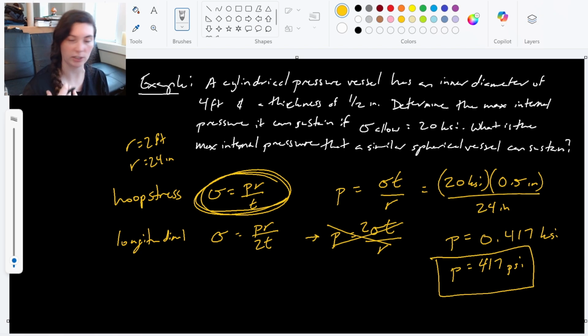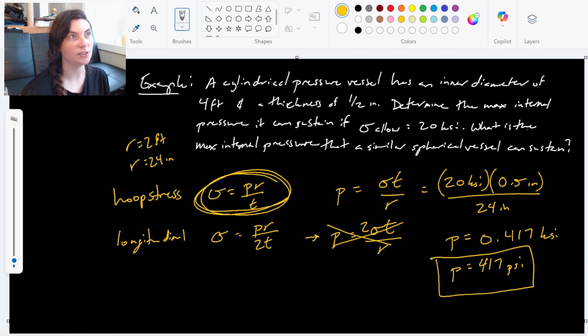The pressure of the actual gas or liquid or whatever we put inside of that vessel, the max pressure we can load it up to is 417 psi. Otherwise, we'll overload it and blow out the side, and we don't want that. We do not want all of that gas or liquid escaping. We want it to stay in the pressure vessel. So we will not load it more than that 417 psi.